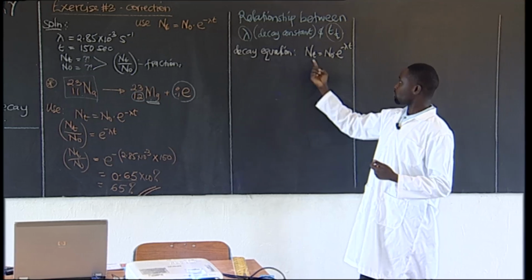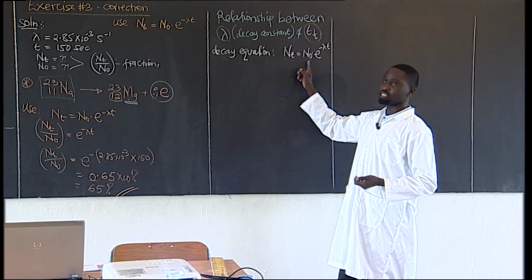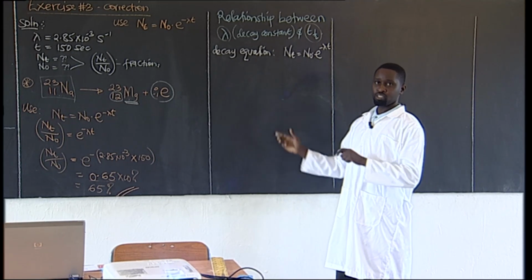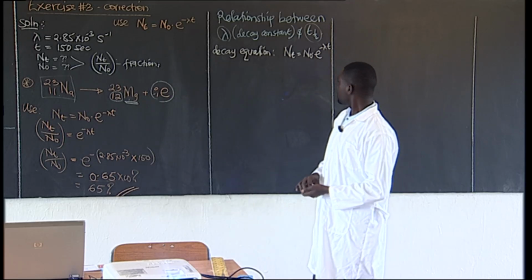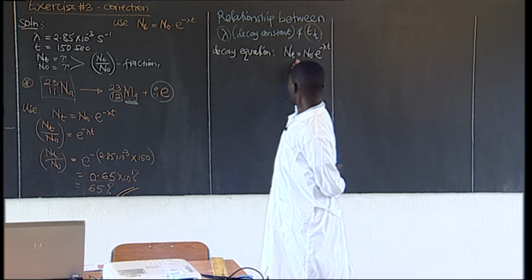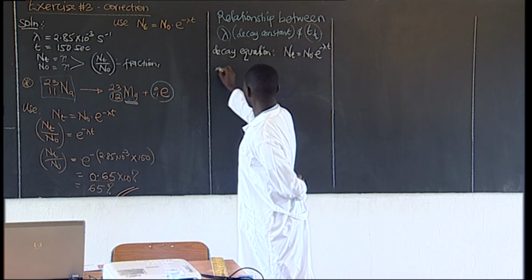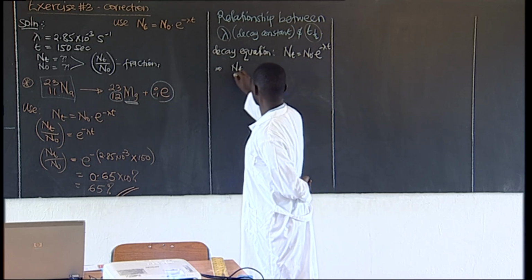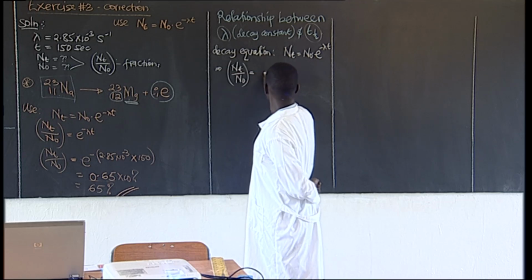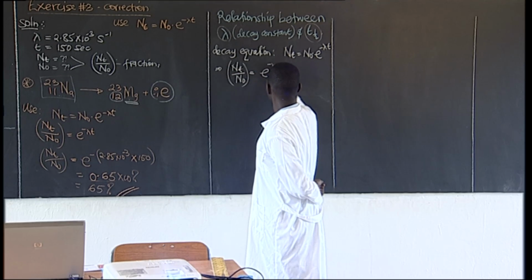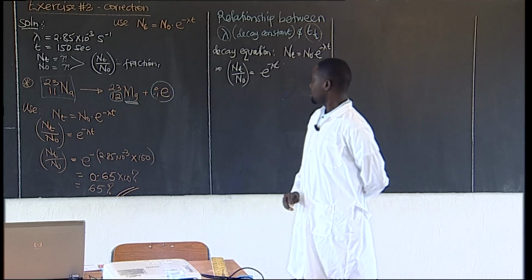For our case, we had already defined what Nt and N naught are. But if you're using a different symbol, then define it at the start. So let's rearrange. You will find Nt over N naught equals exponent negative lambda t.